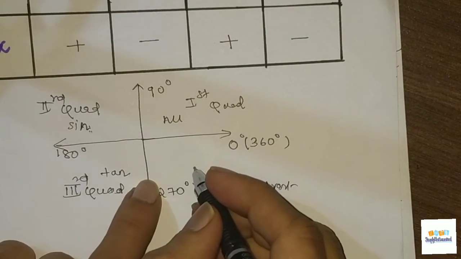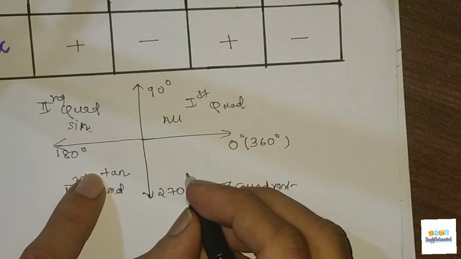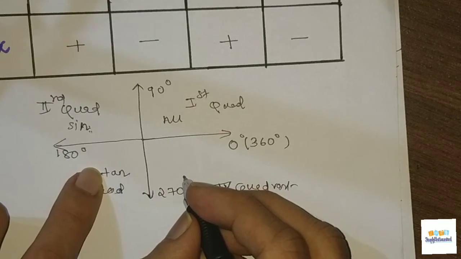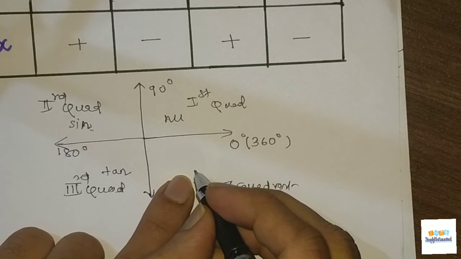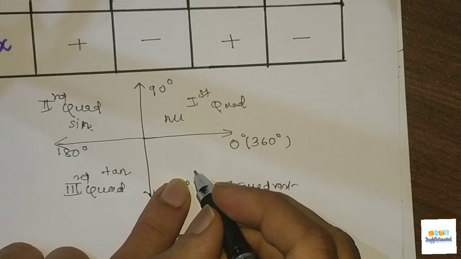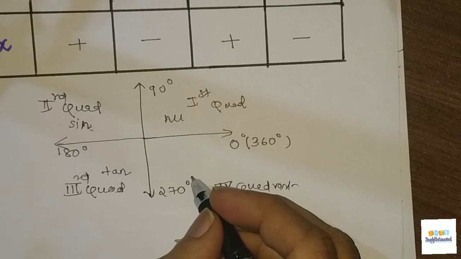Now in the fourth quadrant, all the ratios other than cos and sec are negative here. Cos is positive, sine is negative, so tan will be negative, cosec will be negative because sine is negative, then sec will be positive because cos is positive, right?